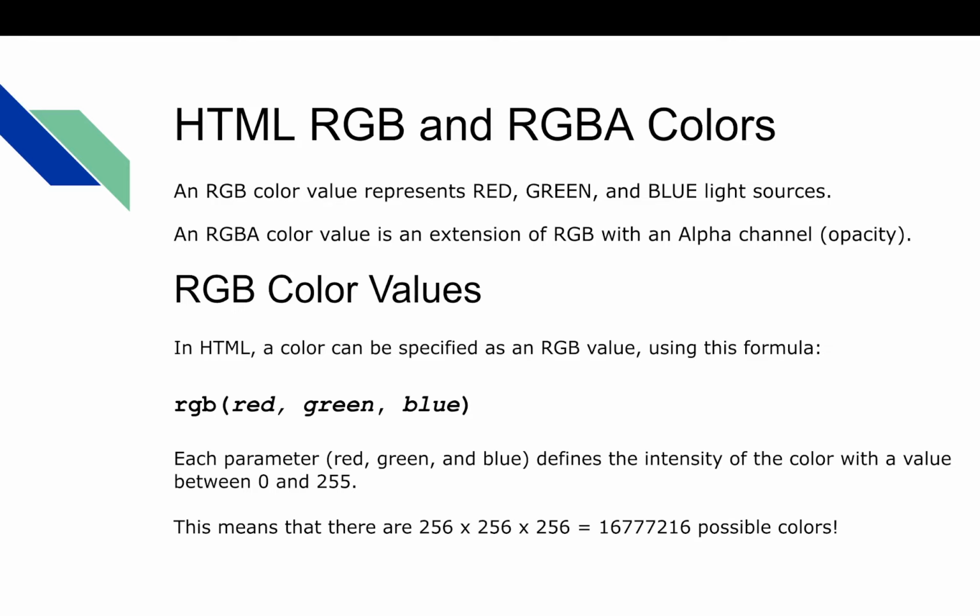An RGBA color value is an extension of RGB with an alpha channel, which specifies opacity. So just like you want to add opacity to your color, you can use RGBA, right? Alpha channel. So that's that. Let's continue.